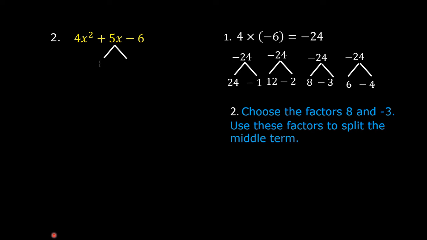Splitting 5x, we have 8x and negative 3x. This is now equal to 4x squared plus 8x minus 3x minus 6. We enclose the first two terms in parentheses and then the last two terms also in parentheses.